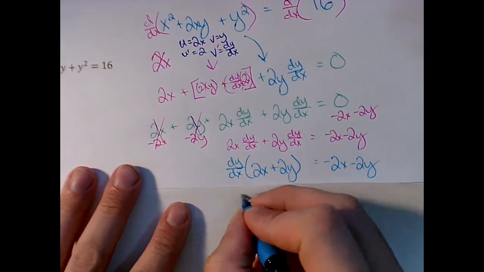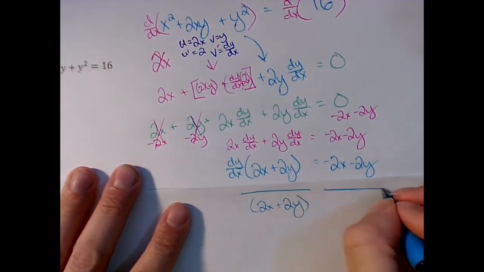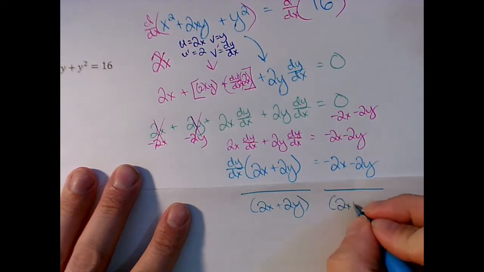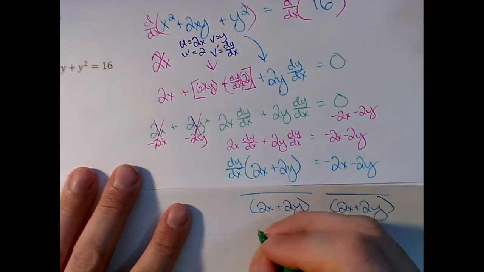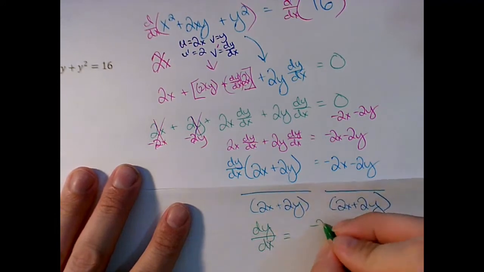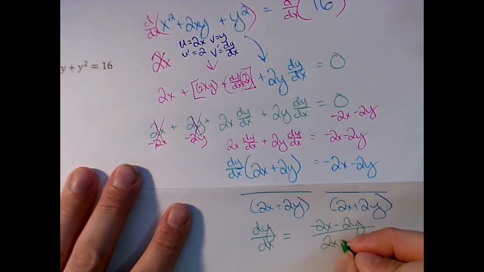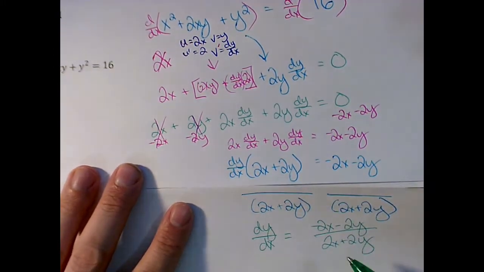I can now divide both sides by 2x plus 2y. That leaves me with dy/dx equals negative 2x minus 2y over 2x plus 2y. Why don't I factor out a negative 2 out of the top and a regular 2 out of the bottom?